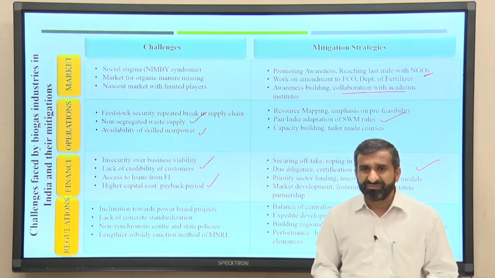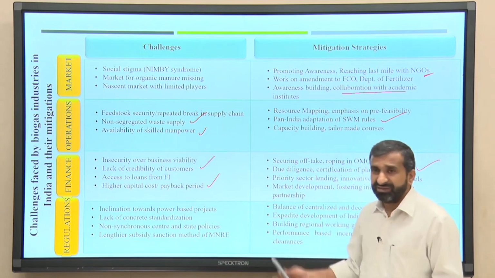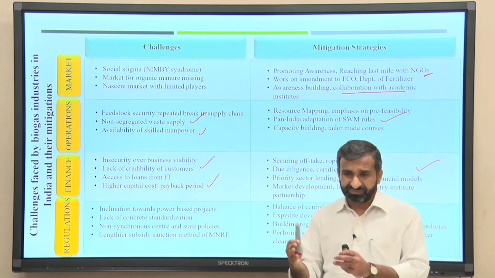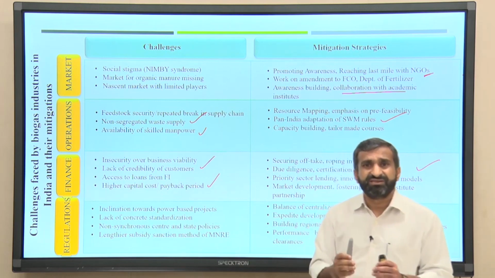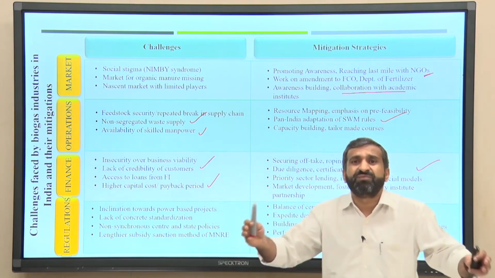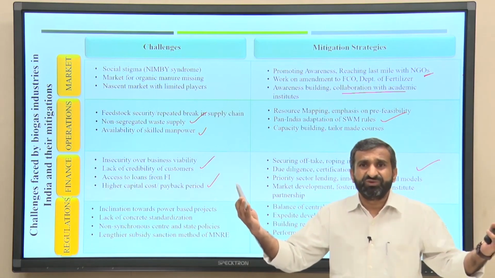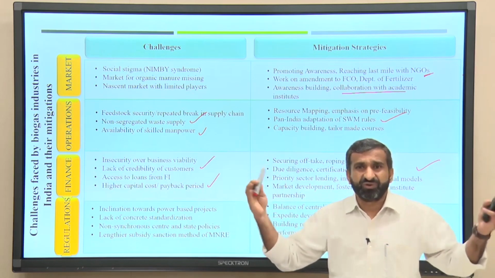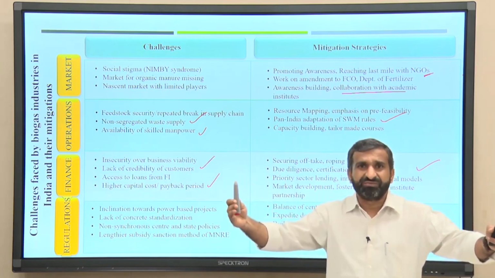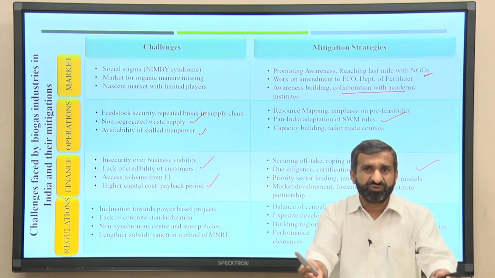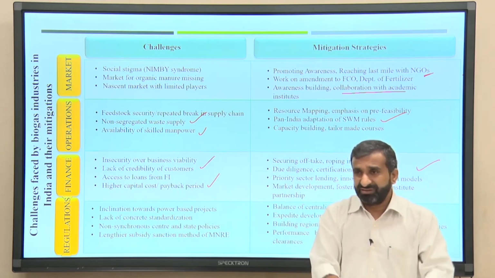But if you talk about small units or a decentralized facility, like in an apartment, you need not take help from the local authority. In an apartment, segregation could be easily possible.